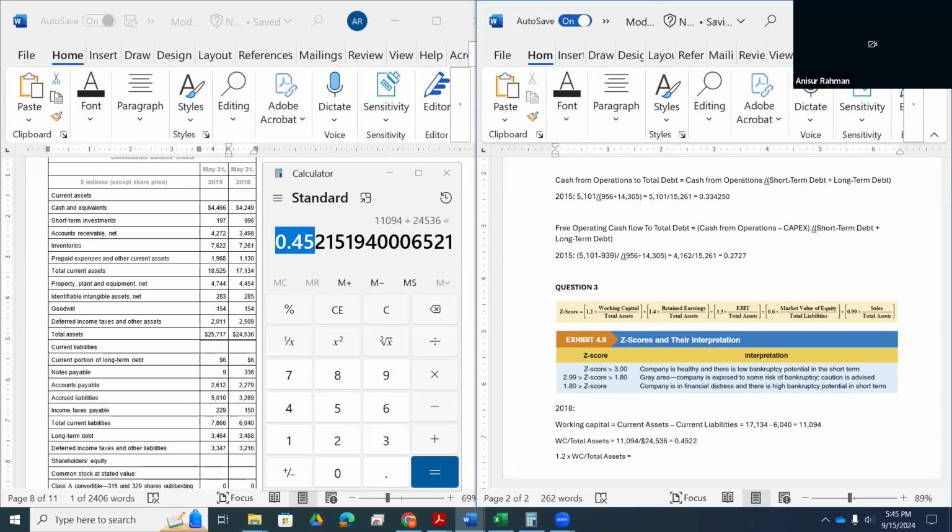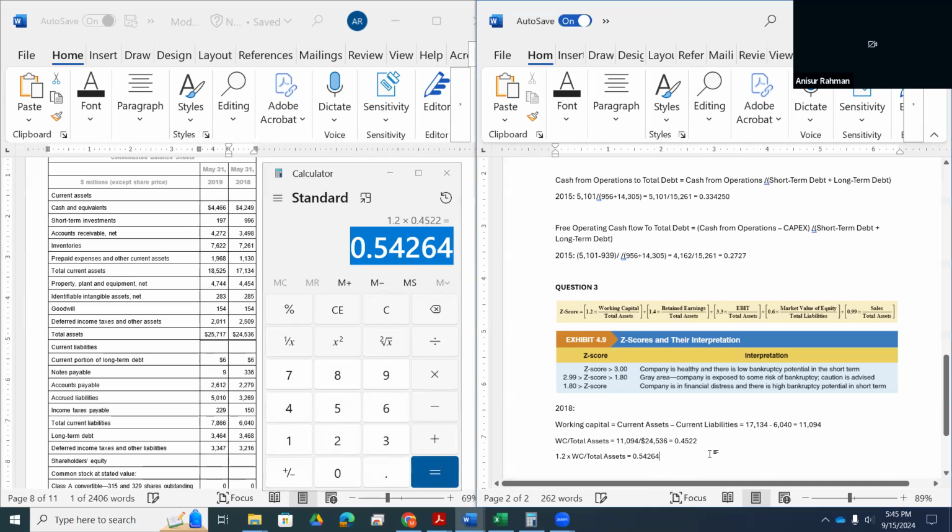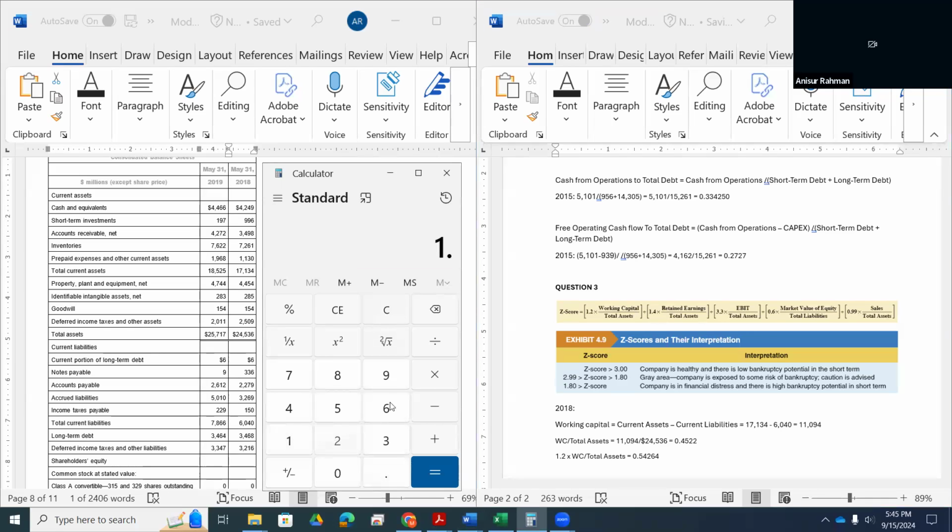So that will be equal to this. The next one is retained earnings over total assets.